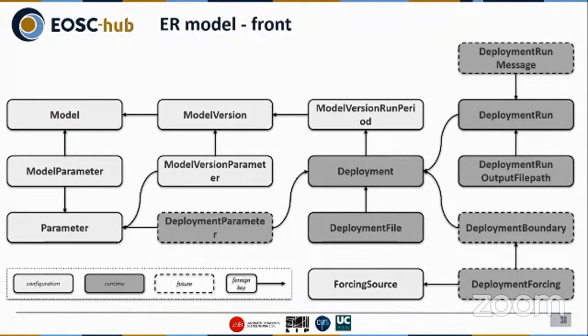And on this slide, the entity relation model for the front app, with the same division between the configuration and runtime, but also some of the models that extend the data model app models.